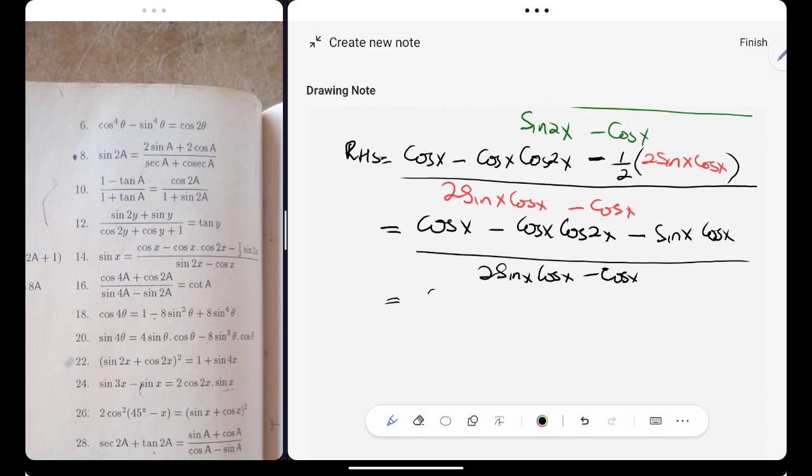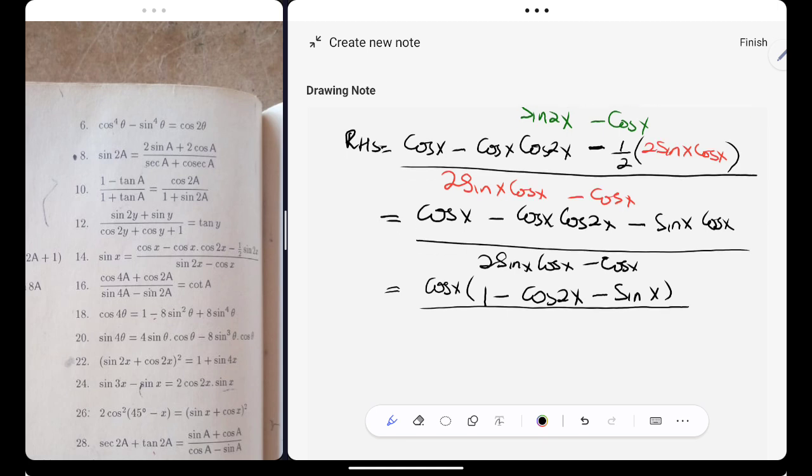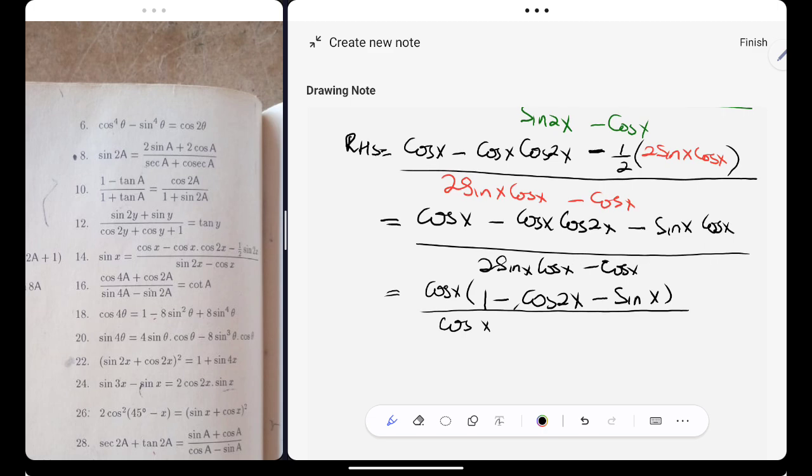My common factor will be cos x. I'll be left with 1 minus cos 2x, and then I have a negative sine x there. At the bottom, I also have the common factor of cos x there. I'll be left with 2 sine x minus 1.